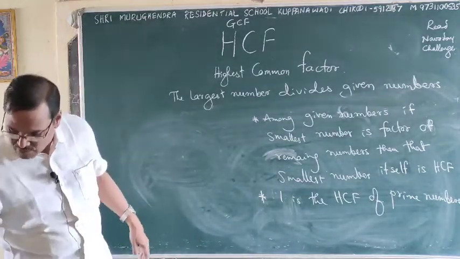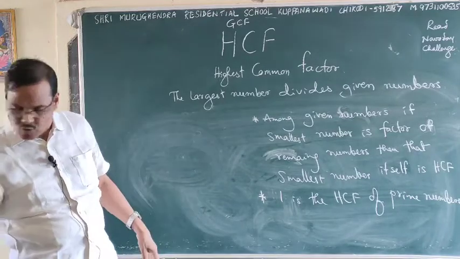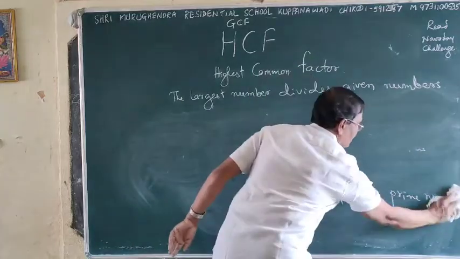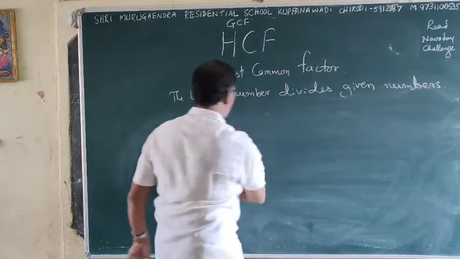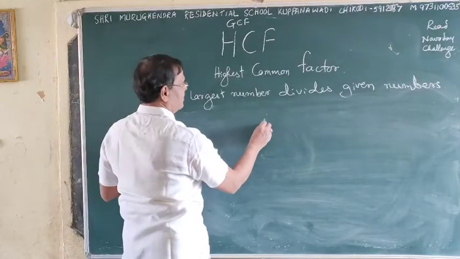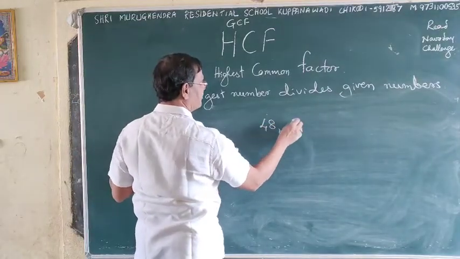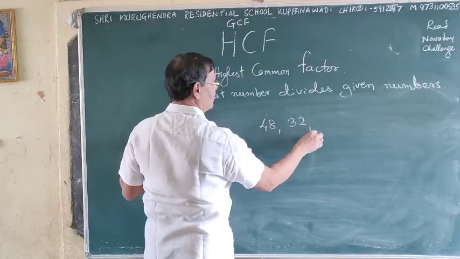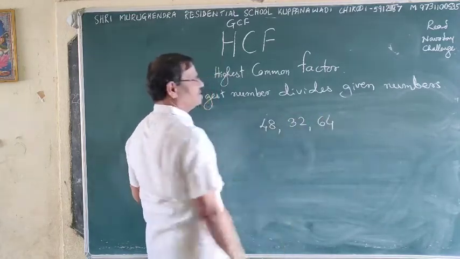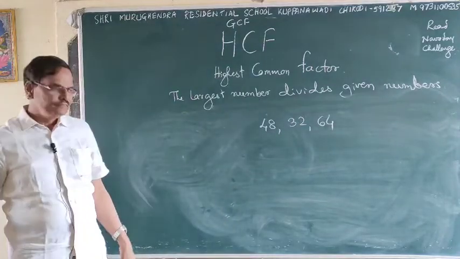And one more thing you want to check, that is how you have to do mouth calculation. In rare cases, you can go for 48, 32, 64 if it is given.